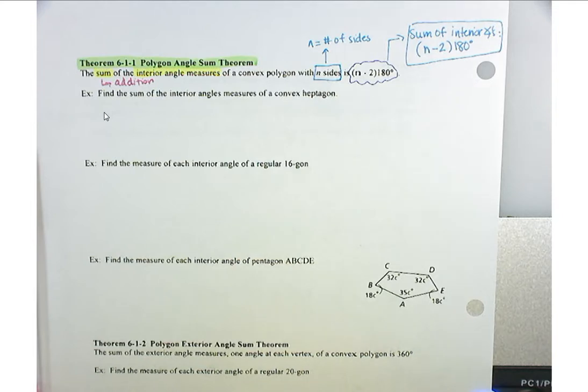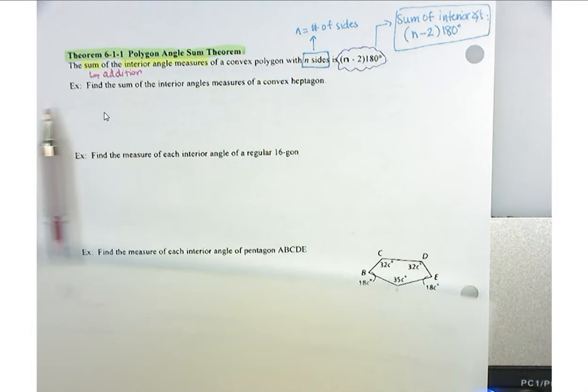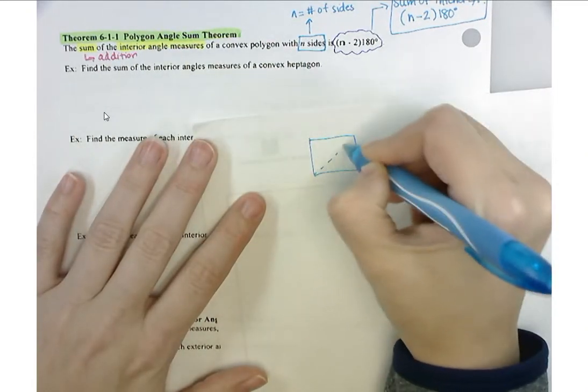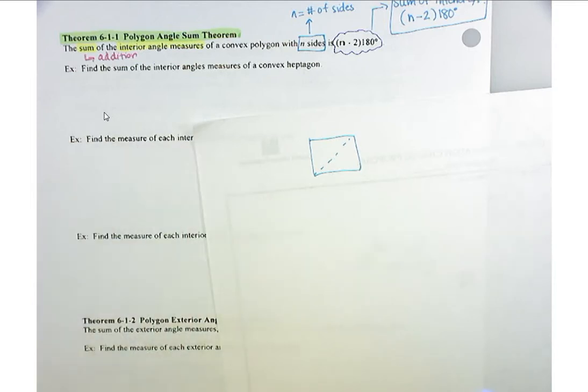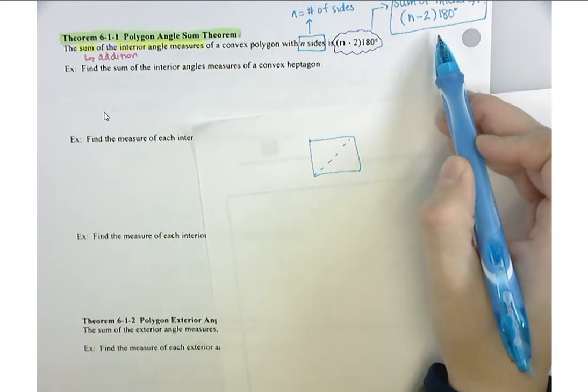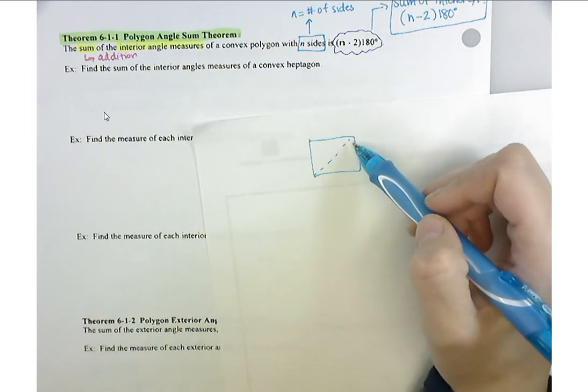If you cut a square in half, how many triangles do you have? 2, which means the interior angles altogether should be 180 plus 180, which is 360. So if I use my formula, 4 minus 2, 2 times 180, 360. See how there are 2 triangles? And that's where your formula comes from.